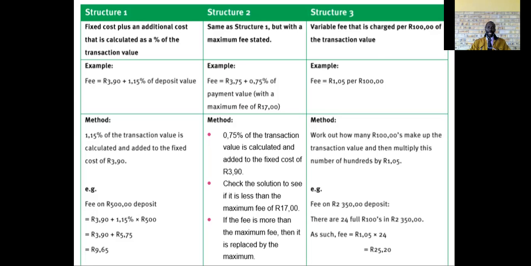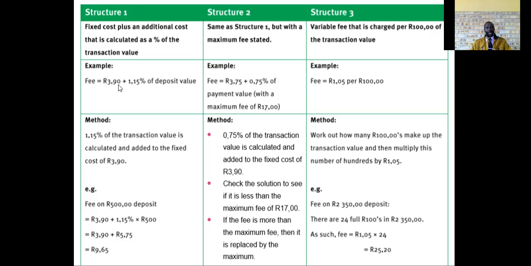In this first case, what do we have? We have 3.9 rands. They're going to charge you 3.9 for any transaction you do. Then they will again charge you 1.15 of the deposit value. You see that?